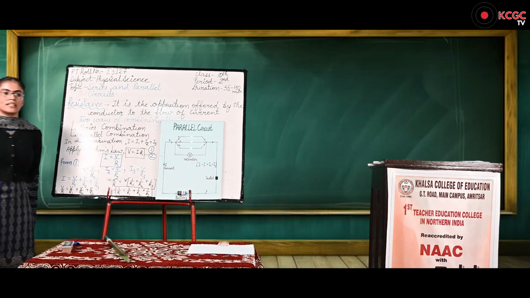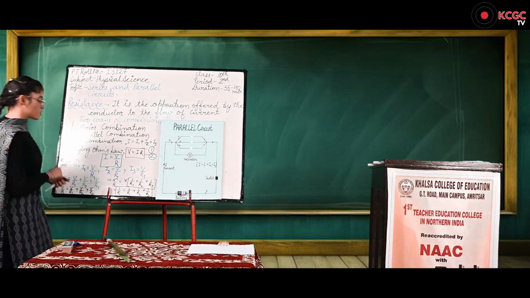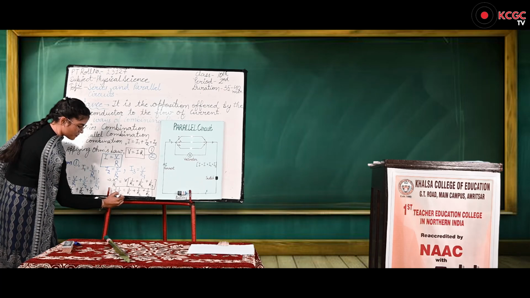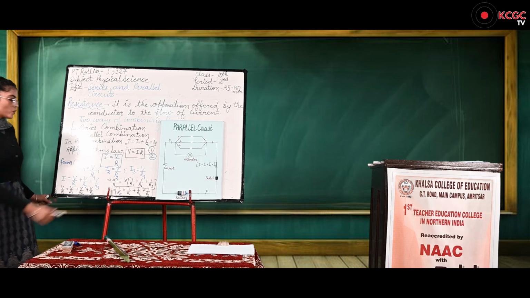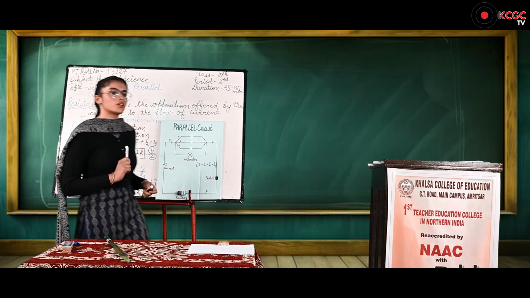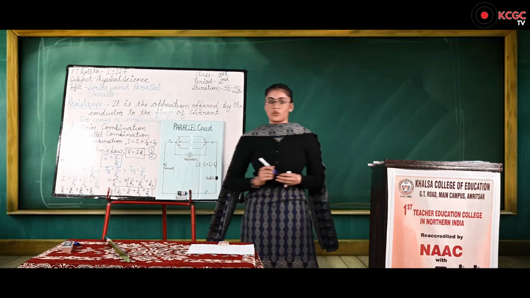Now we have calculated resistance in parallel circuit. So we will put P here, which will represent resistance in parallel combination. So it is 1 over RP equals 1 over R1 plus 1 over R2 plus 1 over R3.